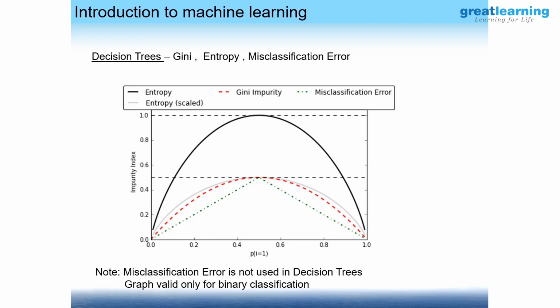If I scale down the entropy curve, then this gray curve represents entropy scaled. And as you can see, between the two, there's not much difference. Gray represents entropy, red represents Gini. You can use any of the formulas, they give you the same result. The green one, we don't use in decision tree, so I'm not going to talk about this.